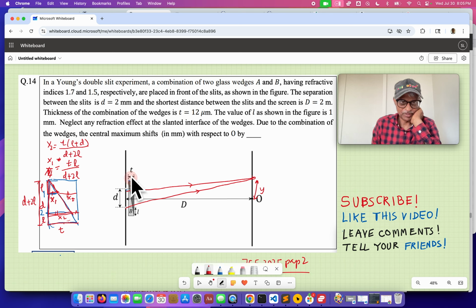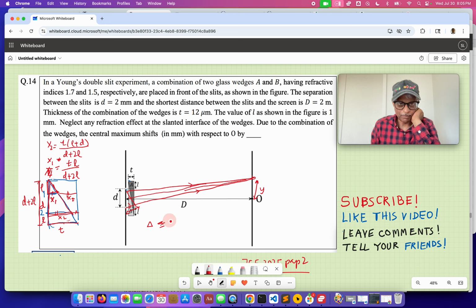Forget about that being there. If you look at the path difference, delta, this angle from here ends up the same as over here.